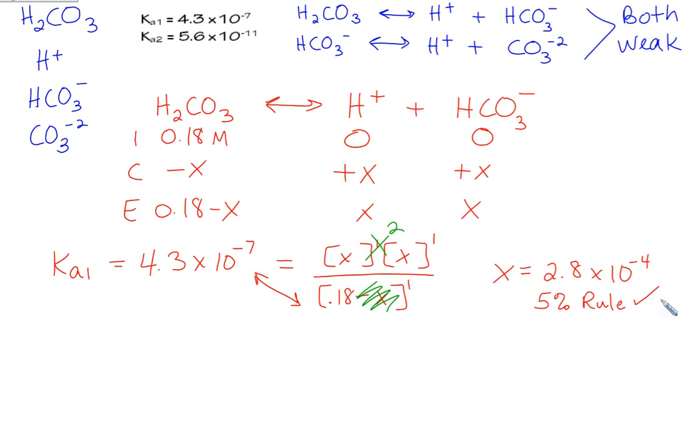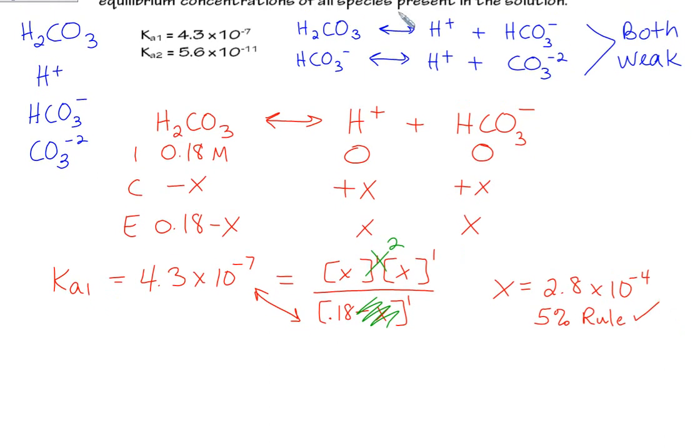all three particles. The only time that you will see this carbonic acid in either of these two equations is right here in the first step. It's not present in the second step. Now these two, the hydrogen and the hydrogen carbonate ion, those guys are going to change a little bit in the second dissociation.